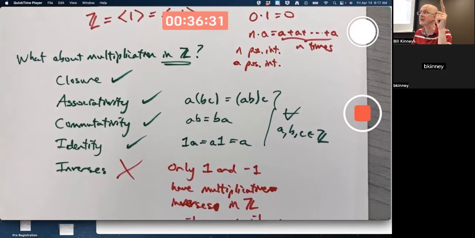If you take 0 out of the rationals, we've talked about this briefly, Q star, the rationals take away 0, is a group under multiplication. R star, the reals take away 0, is a group under multiplication. C star, the complex numbers take away 0, is a group under multiplication. 0 is kind of problematic no matter where you are. Sometimes you want to take it away if you want multiplication to be a group.